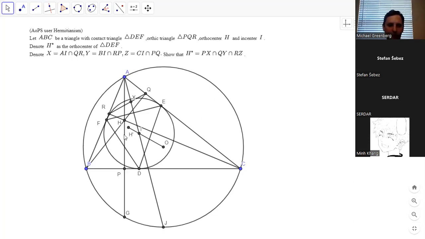So how do we want to use that H is the orthocenter? I guess that's the question. So we could use that the reflection of H over EF lies on the circle.